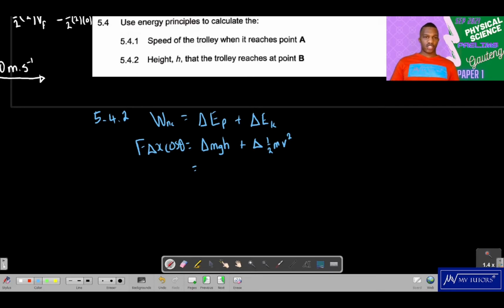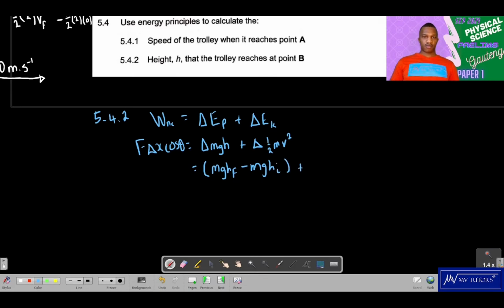Okay, so change in mgh, this means that this is the mgh final minus the mgh initial.